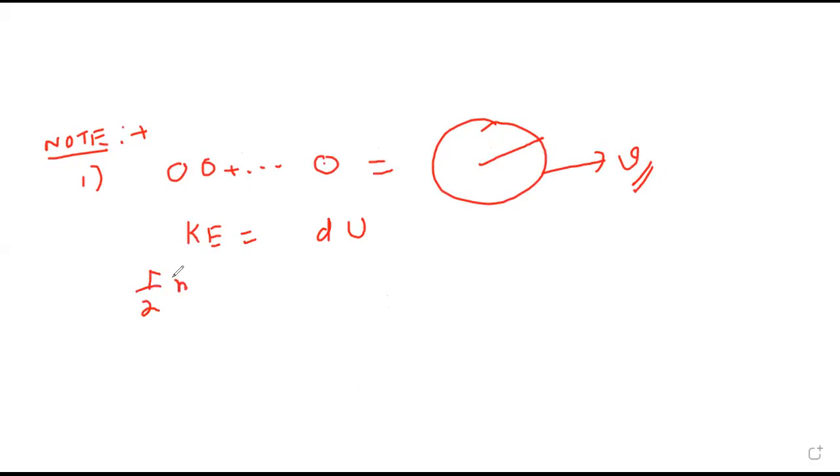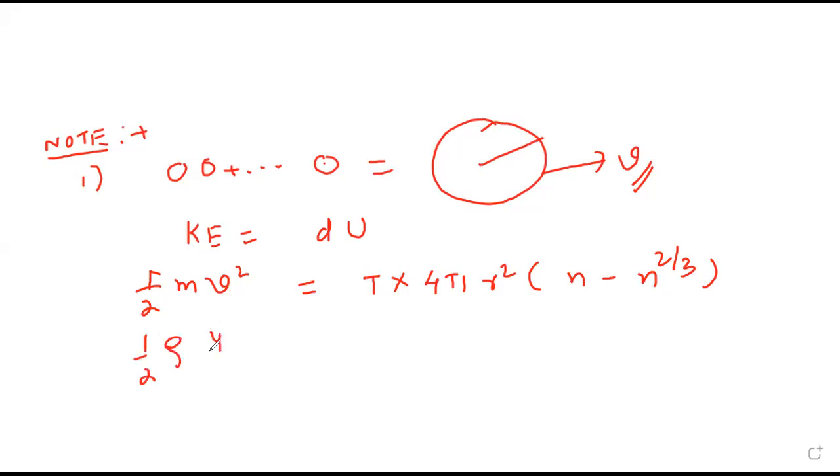So half m v square is surface tension into 4 pi r square into n minus n raised to 2 by 3. So half density into volume of bigger drop, 4 by 3 pi R cube, into v square is T into 4 pi r square into n minus n raised to 2 by 3. I hope you follow the concept.